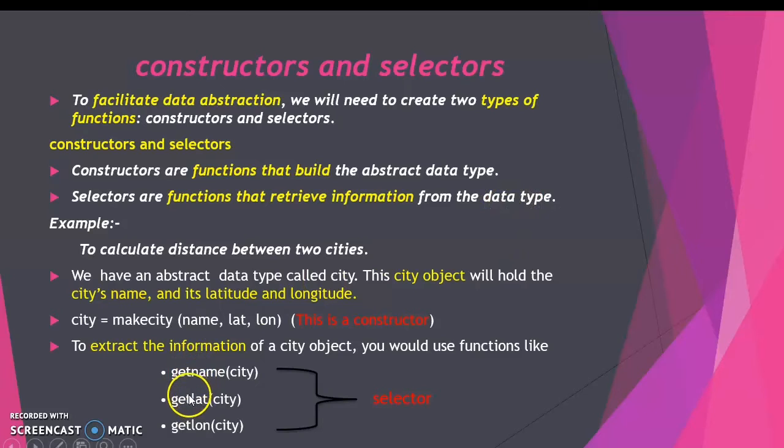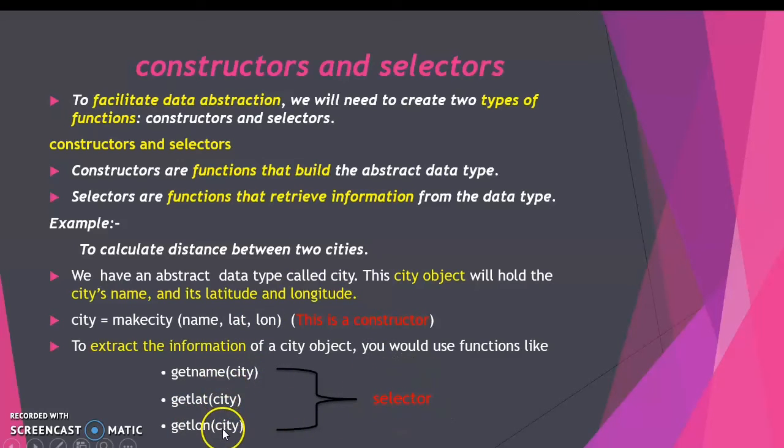Here, get name is the function used to retrieve the name of the city, get latitude retrieves the latitude of the city, and get long retrieves the longitude of the city. These three functions are known as selectors.